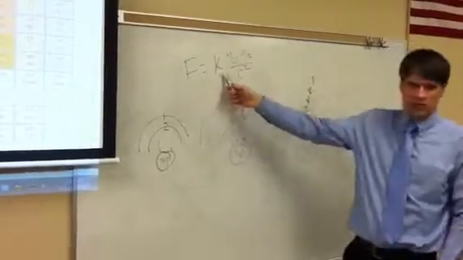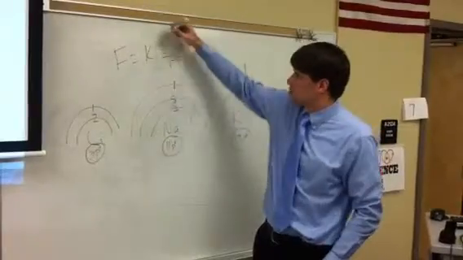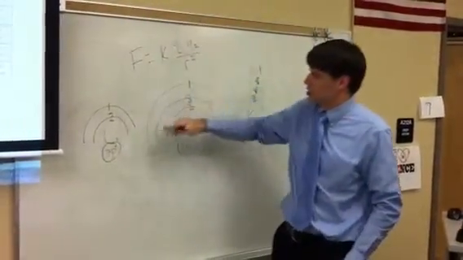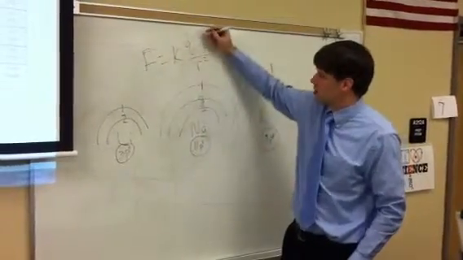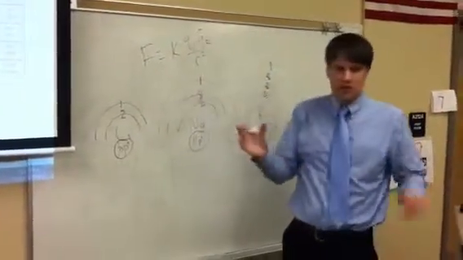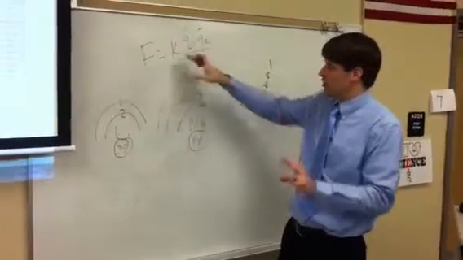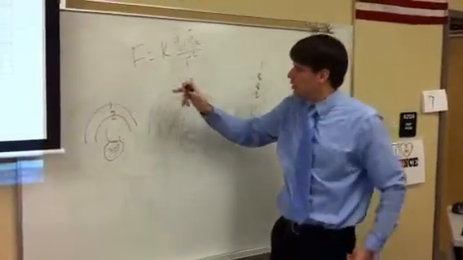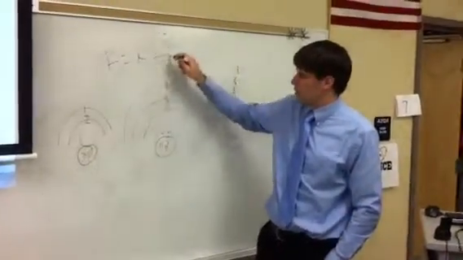K is a constant, it never changes. Q1 is the collective charge of the protons, so I'm just going to put a little plus up there. Q2 could be the charge of the electrons, so it's a minus. Those charges don't really change, so these numbers aren't going to change very much. However, down here, this number is going to change the most.